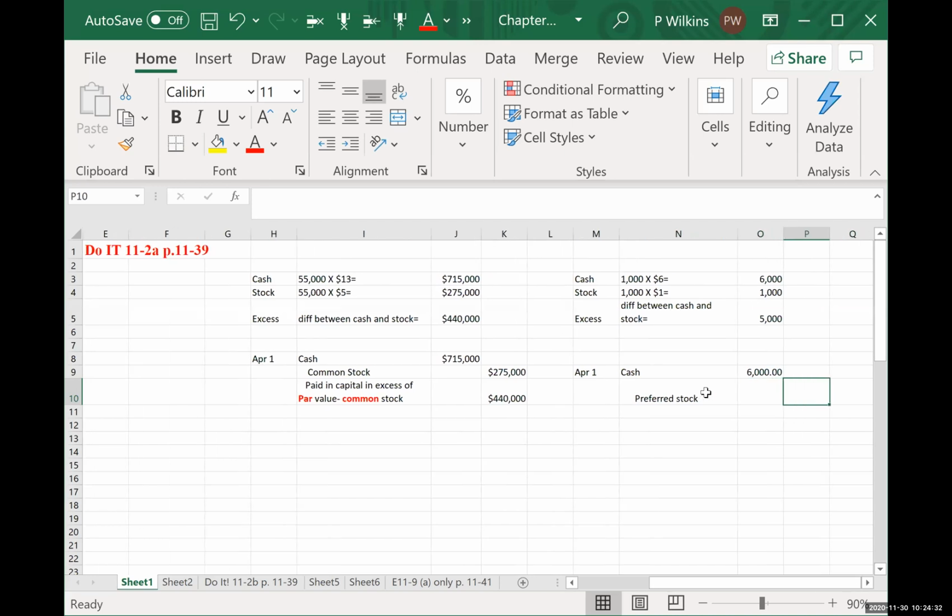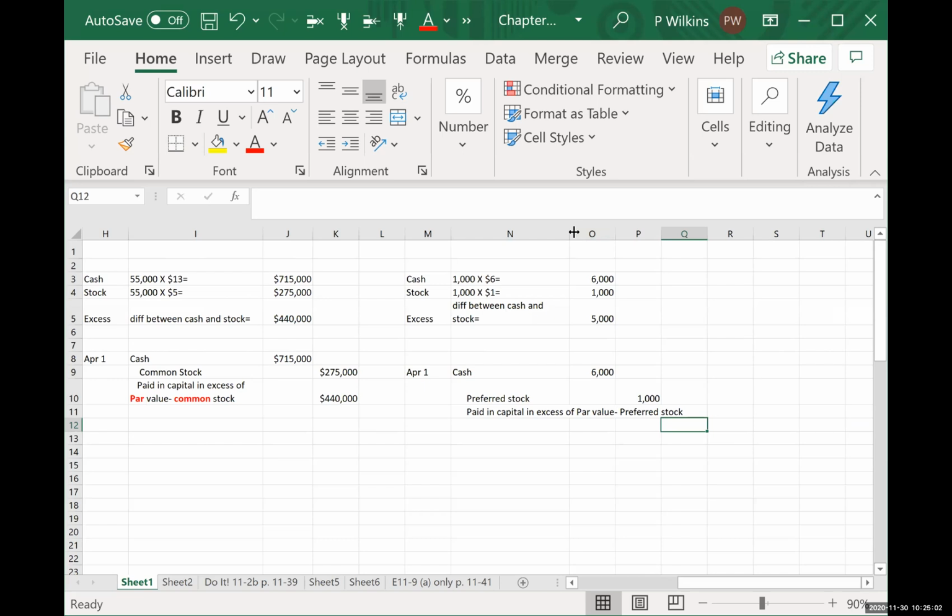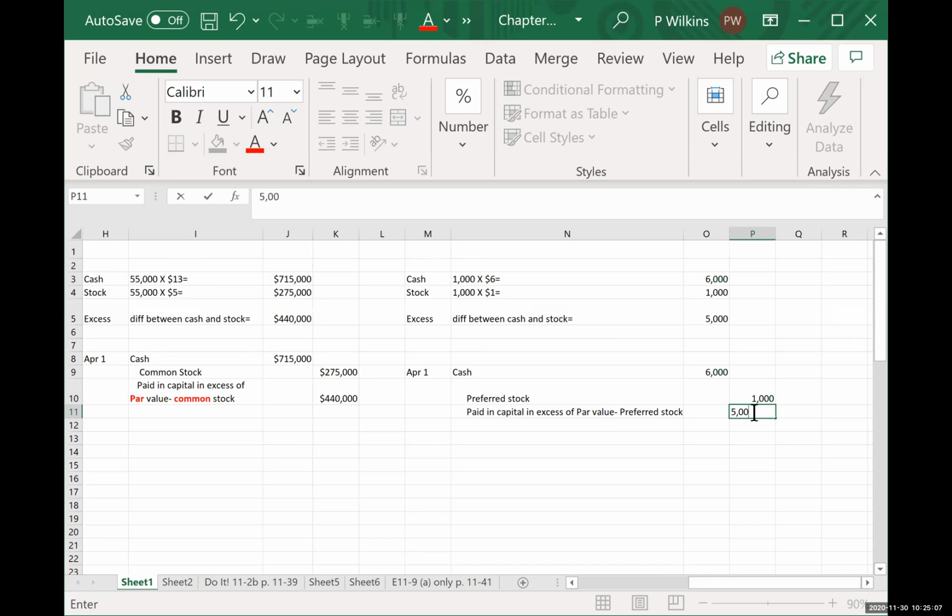We're crediting preferred stock, $1,000. And then, we are going to credit paid in capital in excess of par value, and this is preferred stock. Okay, paid in excess. All right, preferred stock, and that's for the $5,000.